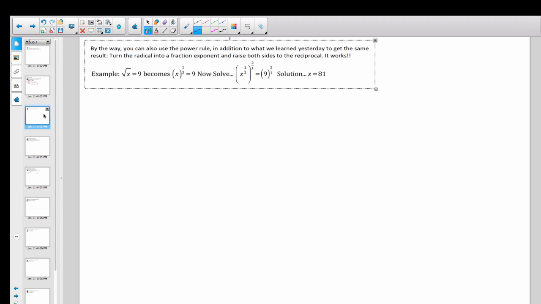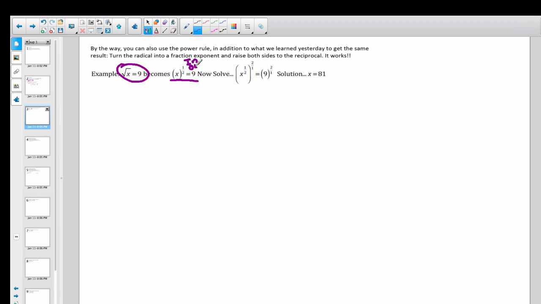Okay, so this is a side note that, since we were just doing this yesterday, if you wanted to solve radical equations using exponents, there's no reason you couldn't. You could take that square root of x and change that to x to the 1/2 using the ins and the outs, like we learned. And then how do you get rid of that rational exponent?